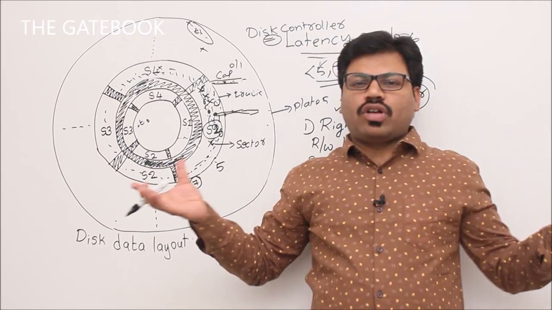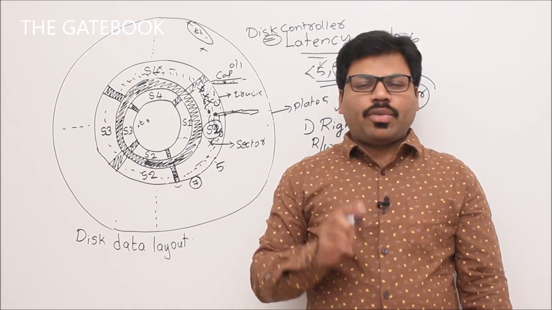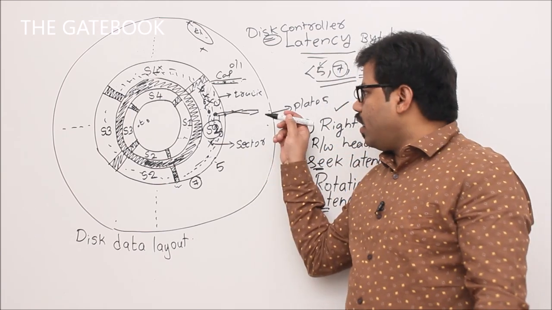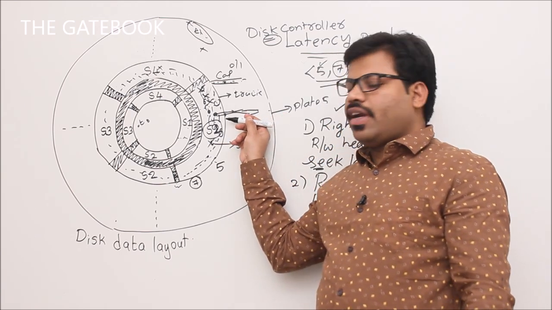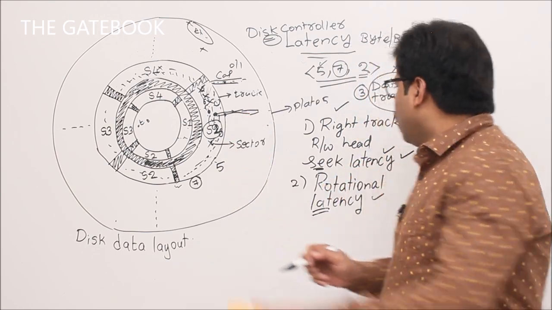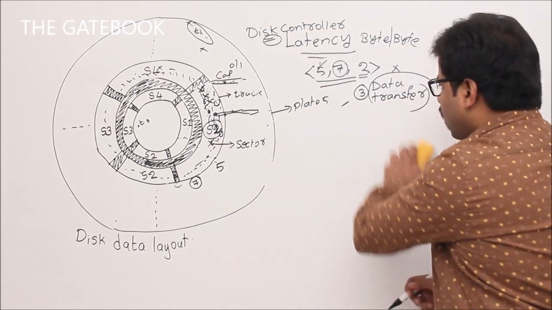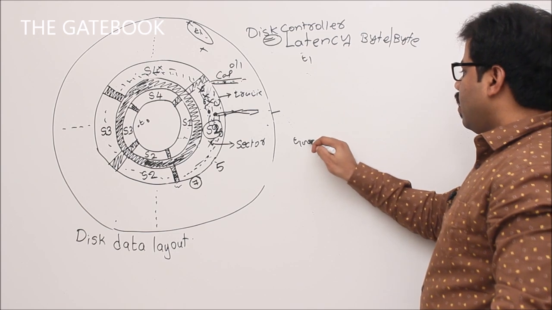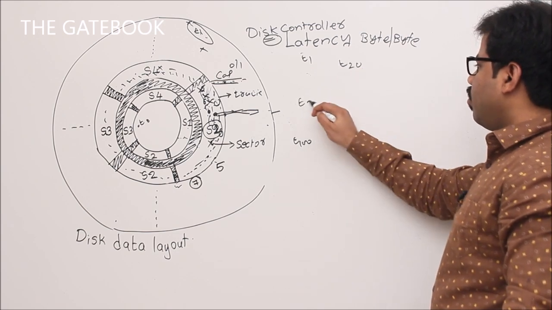So that's why it is always good design. Example, you have a huge amount of data. First of all, write in a particular track, then go to the next track, then the next track, so that your read-write head movement will be very less. Don't do it randomly. A bad design is writing data in random tracks like this: T1, then T100, then track number 20, then track number 75.